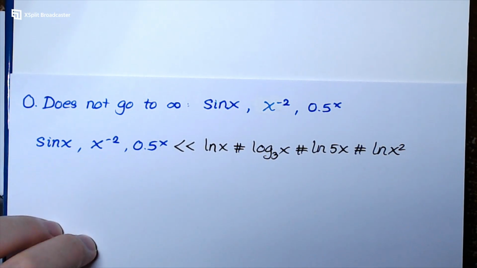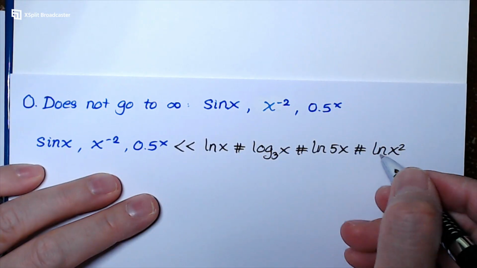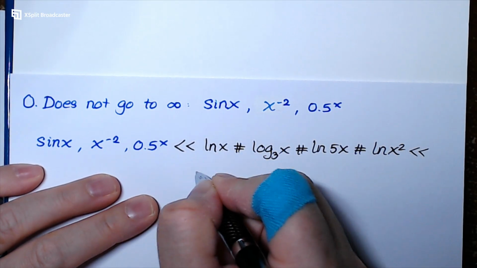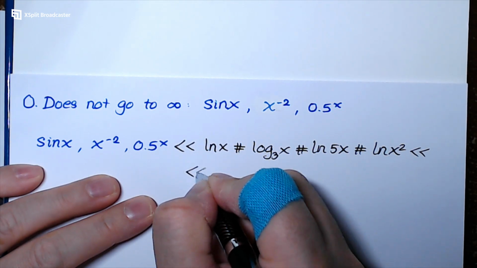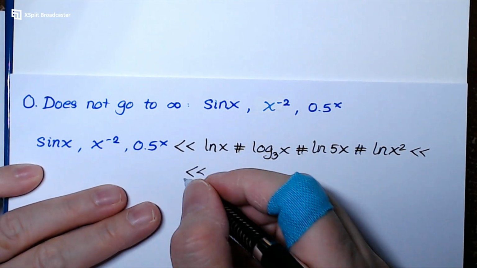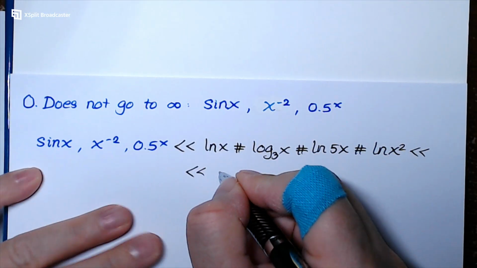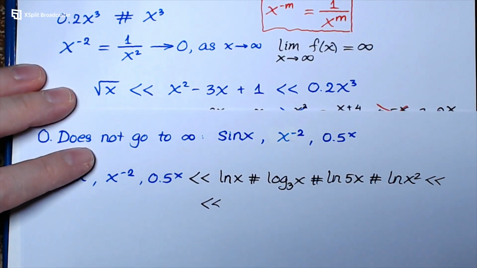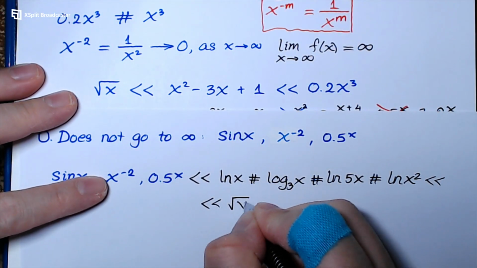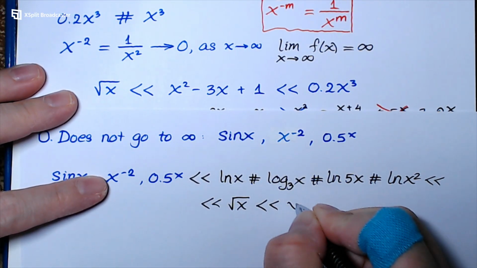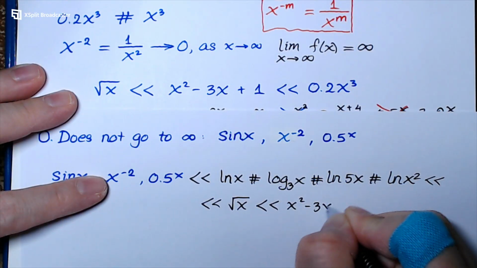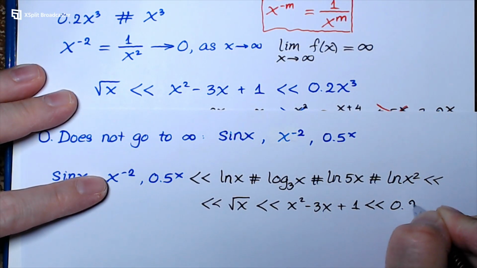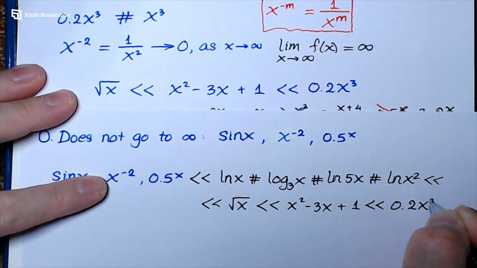Next, the power. We just keep going and rank like that. And then next we have the powers, and the result for the powers is what we did earlier. We have square root of x, x squared minus 3x plus 1, and then 0.2 x cubed. That's all the powers.